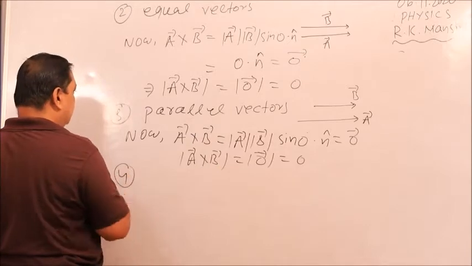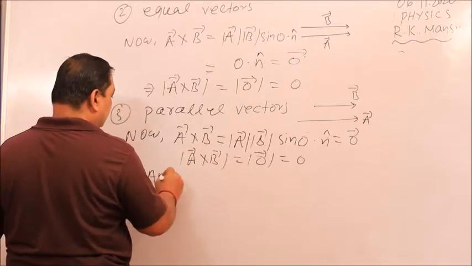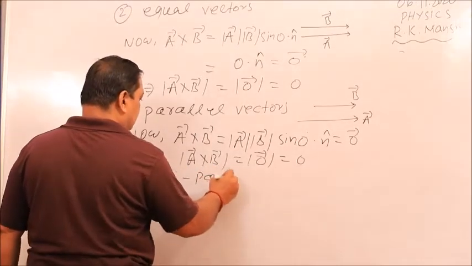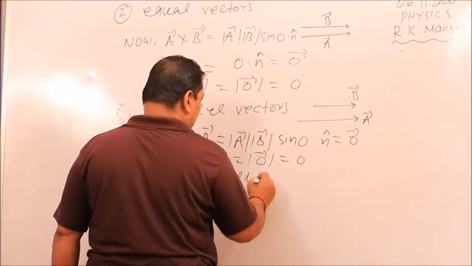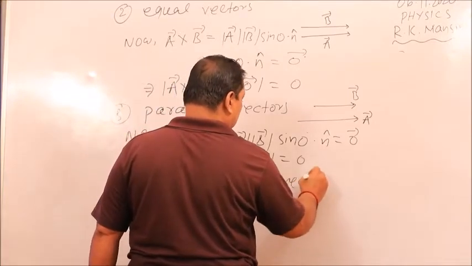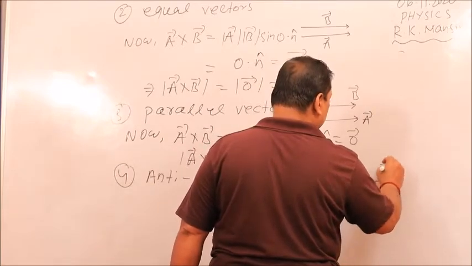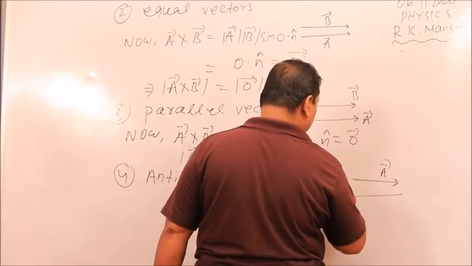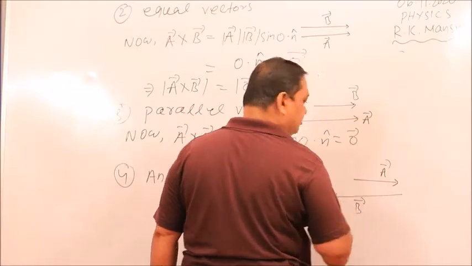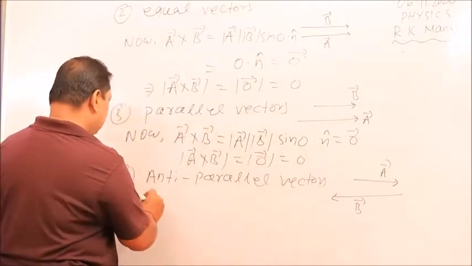Then come to anti-parallel vector. Anti-parallel means magnitude may be same, may not be same, but direction should be opposite.